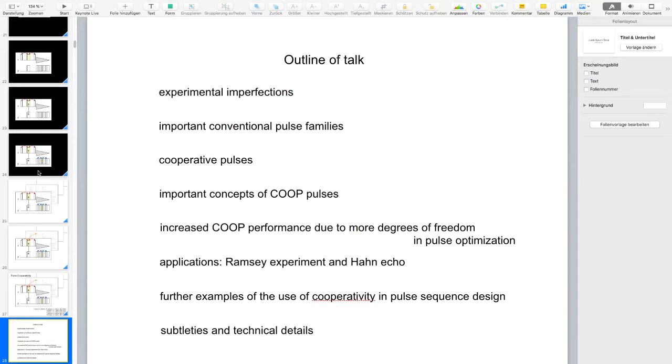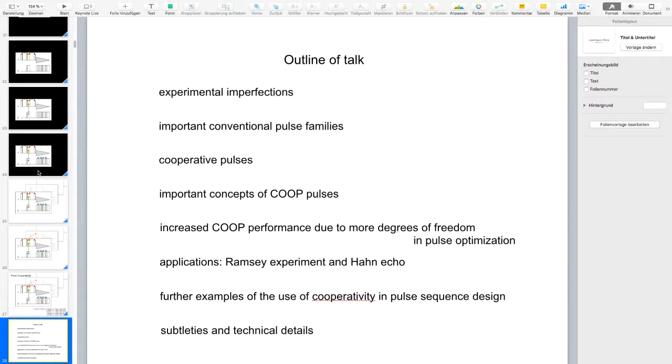I will show you how we can increase performance due to the additional degrees of freedom this gives us in the optimization. The main applications I would like to focus on today are the Ramsey experiment and the Hahn echo sequence. And maybe if I have time, I can show you some further examples of such cooperativity and hint at some subtleties and technical details.